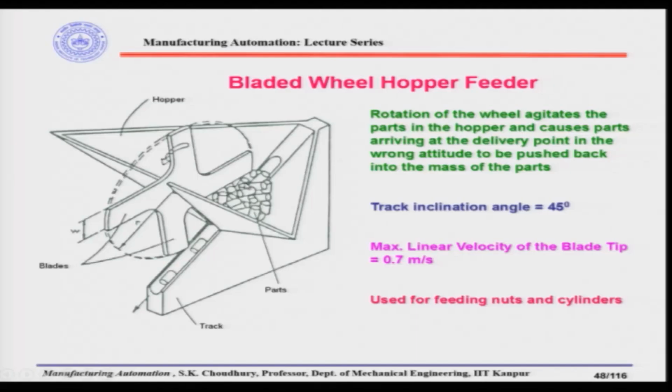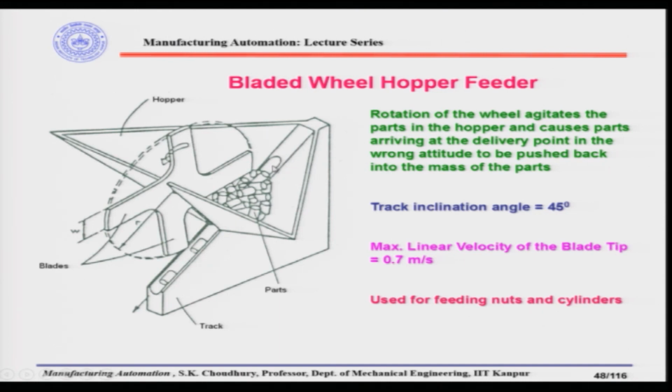Bladed wheel hopper feeder is a very strange design, in the sense that this bladed wheel actually does not pick up any part, or take the part to the delivery chute like we have seen in earlier hopper feeders. Here there is a hopper, as shown in this figure, and at the base of the hopper there is a mass of parts. There is a track here.